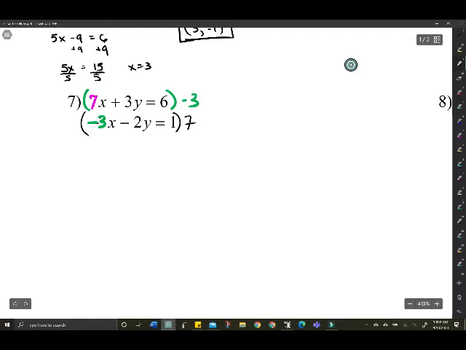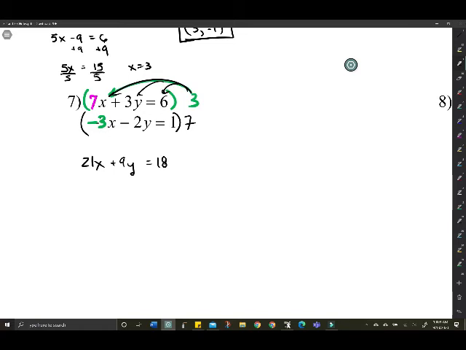Actually, the top by a +3, and you'll see that there. You want to keep the signs opposite. Now what that will do is make this into 21x positive plus 9y equals 18.